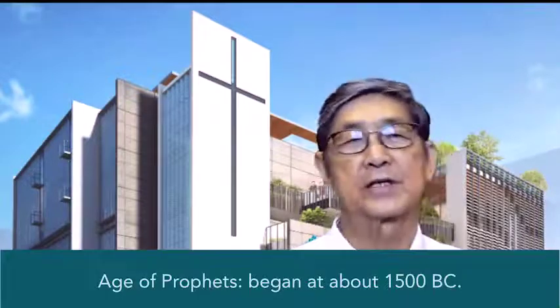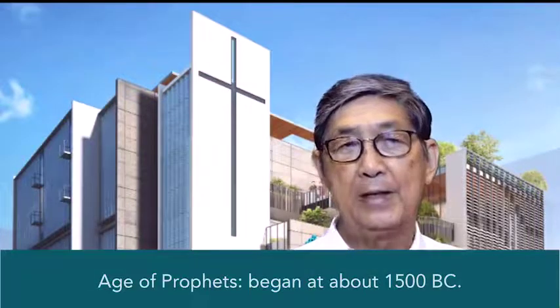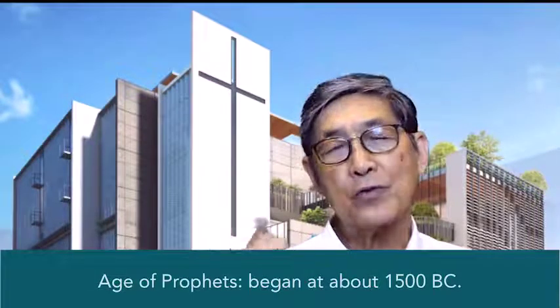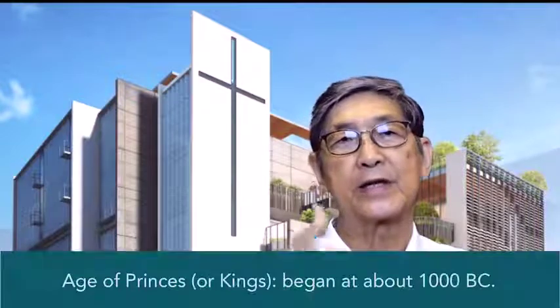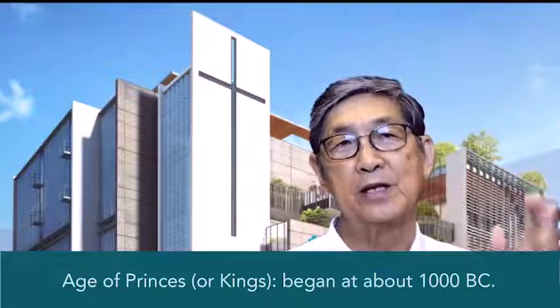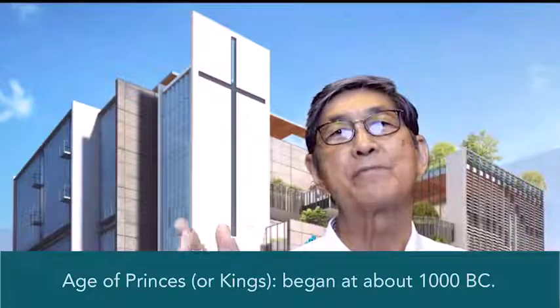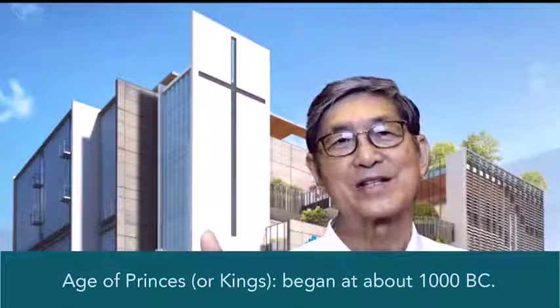And 1500 BC, we call it the age of the prophets. People like Samuel would come in at this time. Then 1000 BC is the age of the kings. Of course, for the sake of remembering the P's, patriarchs, prophets, instead of saying kings, we say princes. The princes, 1000 BC.